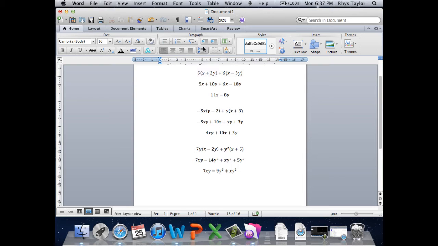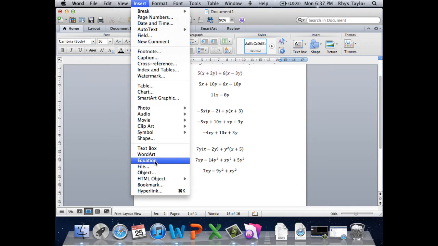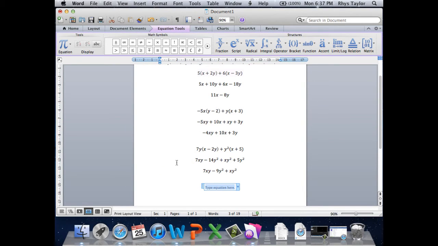Next one. A little bit tricky. Negative 5xy(1 plus 2y) plus 6x(y plus 4x).